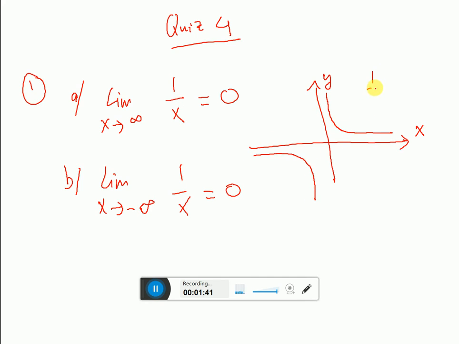So here is 1 over x. As you see, if x is going to infinity, your function is approaching 0, which is correct here. The same thing if x is going all the way to negative infinity, your function is also approaching 0. So you can draw the graph, and this is enough to explain your answer.